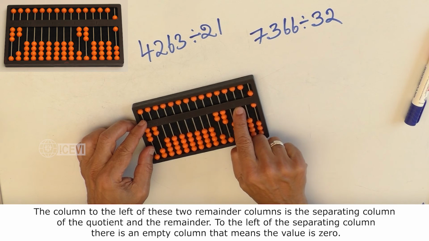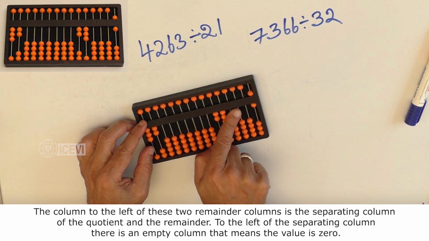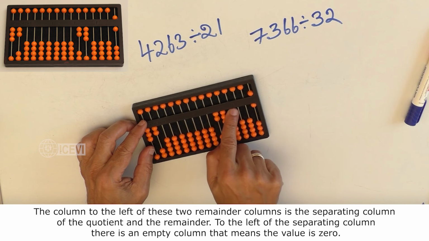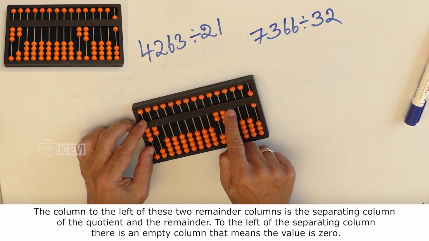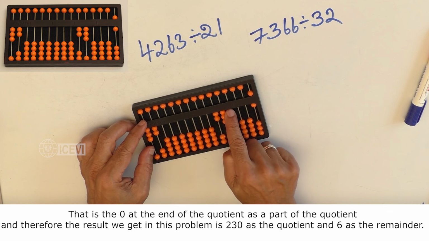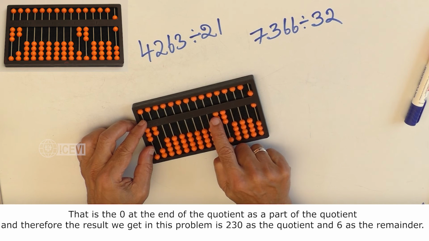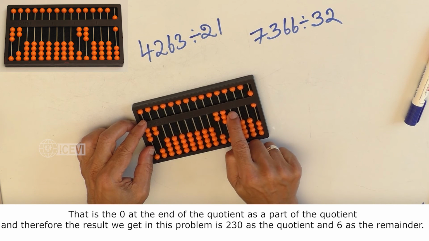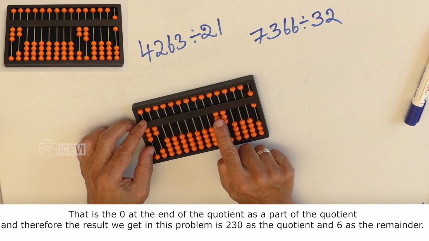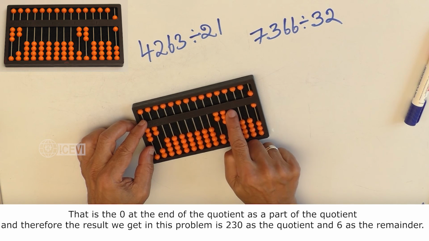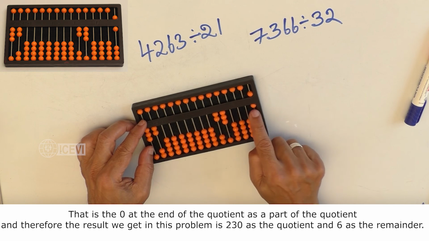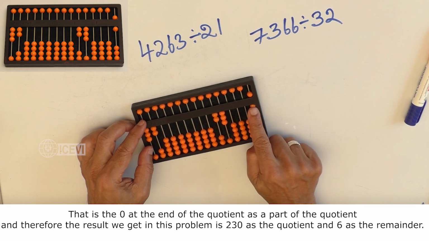To the left of the separating column, there is an empty column. That means the value is 0. That is, the 0 at the end of the quotient is a part of the quotient, and therefore the result we get in this problem is 230 as the quotient and 6 as the remainder.